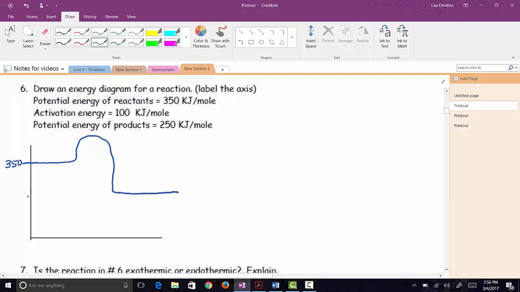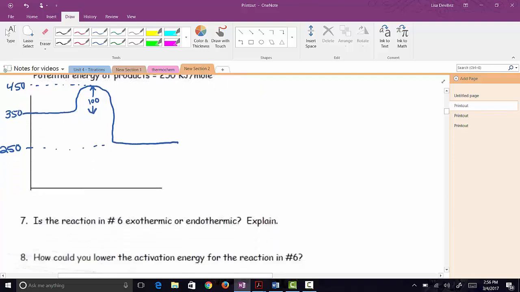My scale is not great on this, but that would be 250 for the products. And if the activation energy is 100, that would put the top of the hill at 450, because I have 100 between my reactants and the top of the hill.